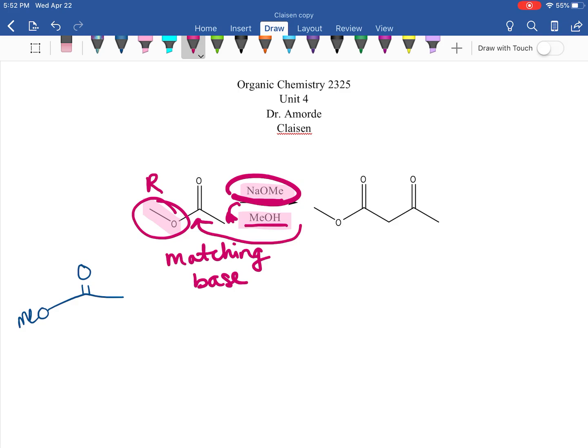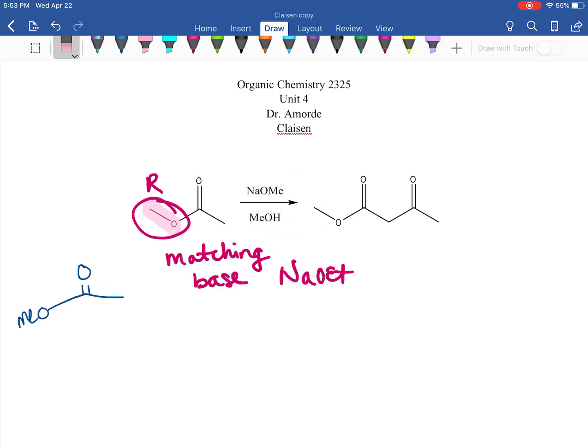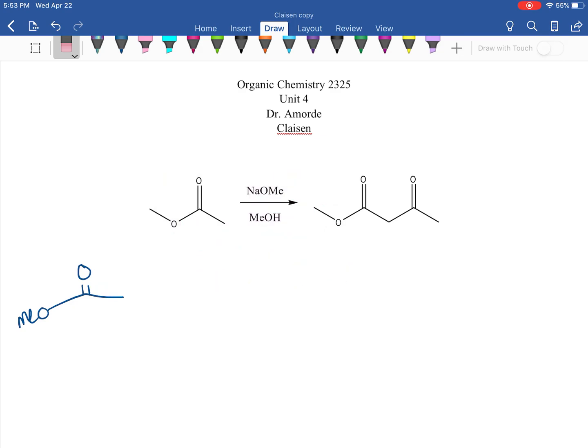That way, something called a cross condensation or cross Fischer esterification or hydrolysis doesn't happen. In other words, if I had ethanol, sodium ethoxide, as my base, I would end up with an ethyl here. So it is quite typical to match your reagents to your actual ester. So that's what I mean by matching.